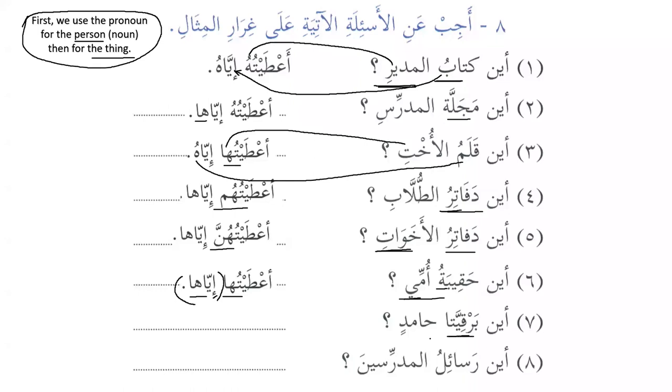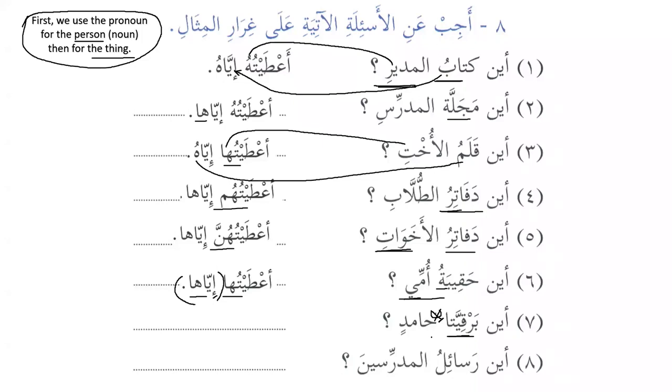أين برقية حامد؟ Two telegrams of Hamid. What was the original form of برقية? برقيتان. Yes, because of the construction of the mudaf. Yes, exactly. We have been discussing it in almost every lesson for a long time now. So it was basically barqiyatani Hamidin, but we know that when we use the dual or the plural as mudaf, the noon gets dropped.